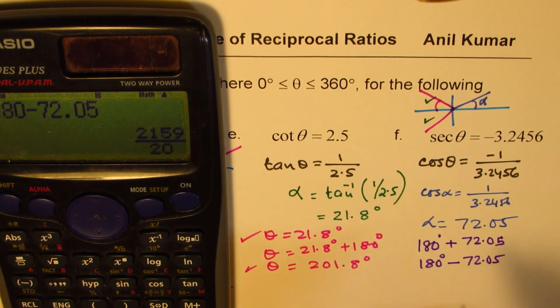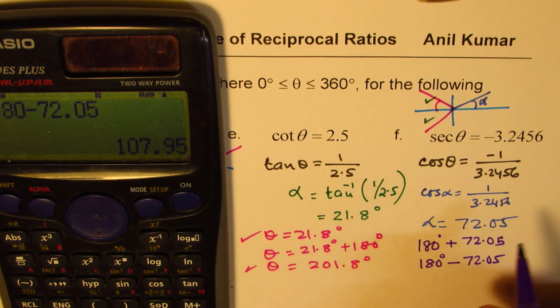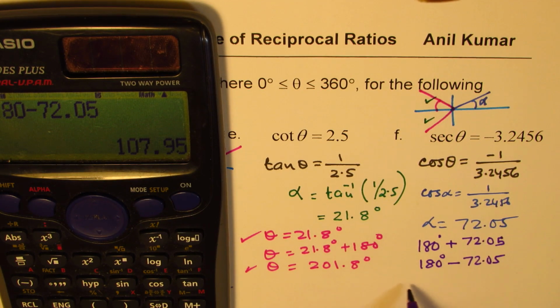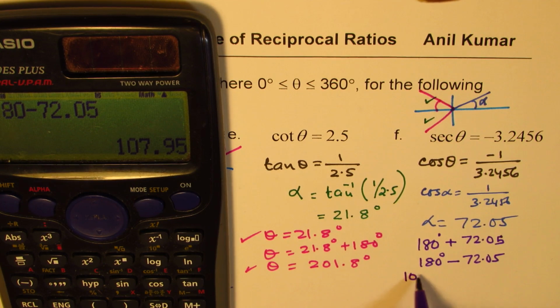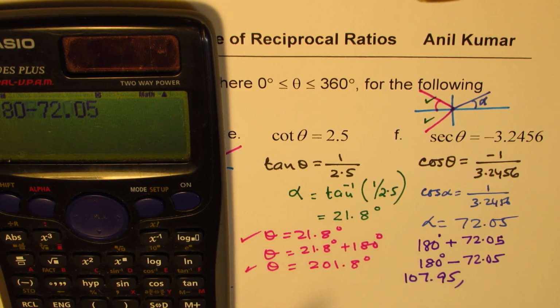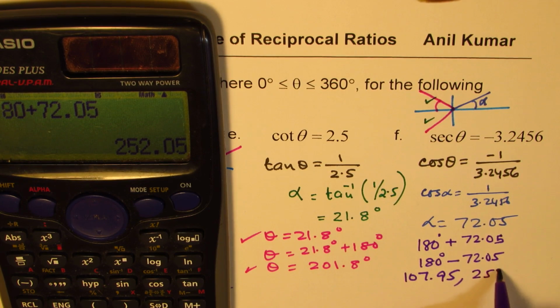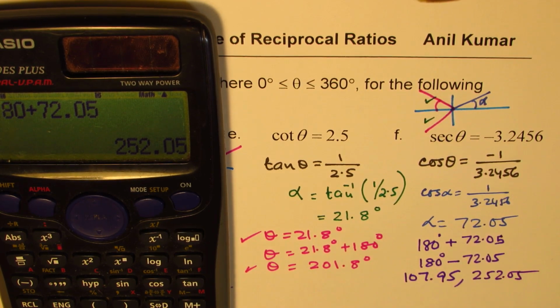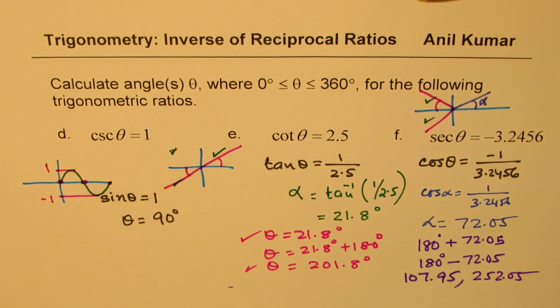Now sometimes they'll mention what accuracy they need, right? So one of the angles is 107.95. The other angle is, now we'll just change this to a plus sign, right? And it has to be more than 180. So that will be 252.05. Correct?